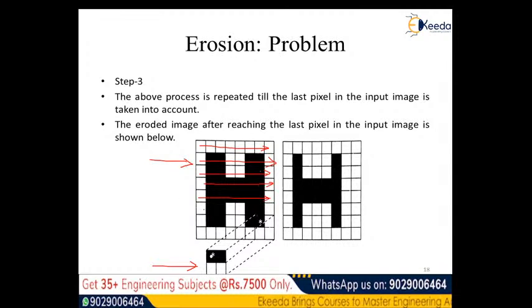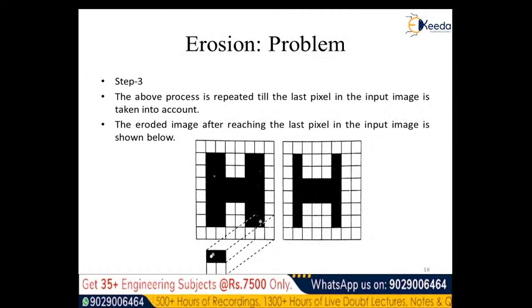matched, for the dark pixels, at that time we have generated the result, and this is the result you see. So whatever the object was, it was the letter H. With the erosion operation, again it is the letter H, but it has shrunk.